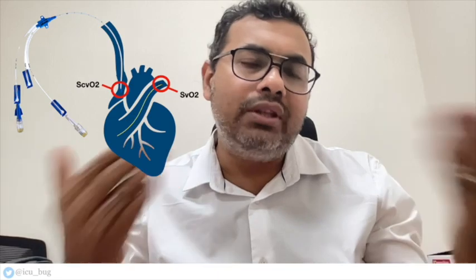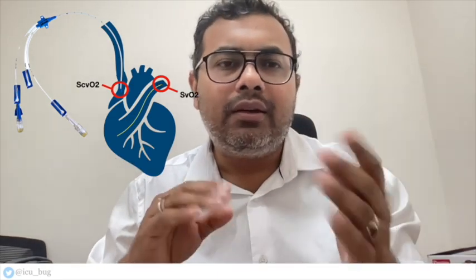However, if we see the trend, the mixed venous oxygen saturation trend coincides with the central venous oxygen saturation trend, with a difference of roughly 5 to 8% between the two parameters. So, in clinical settings, we can use central venous oxygen saturation as a surrogate of mixed venous saturation, which is a surrogate of oxygen extraction ratio.